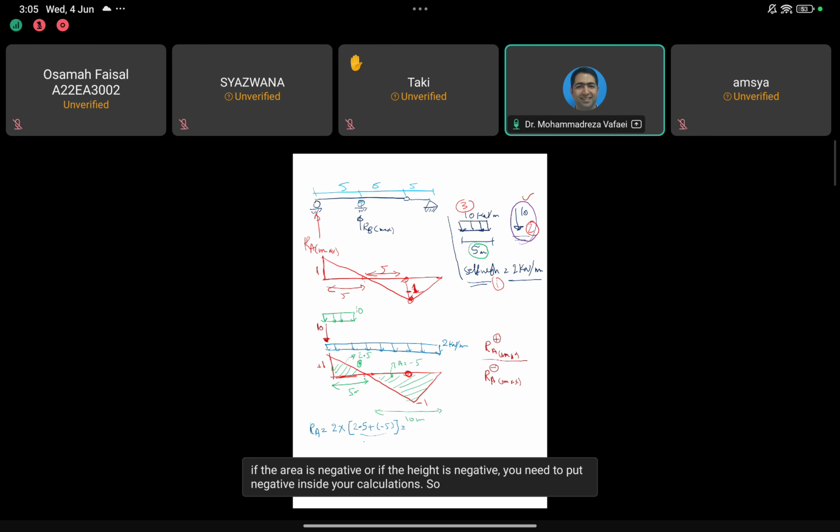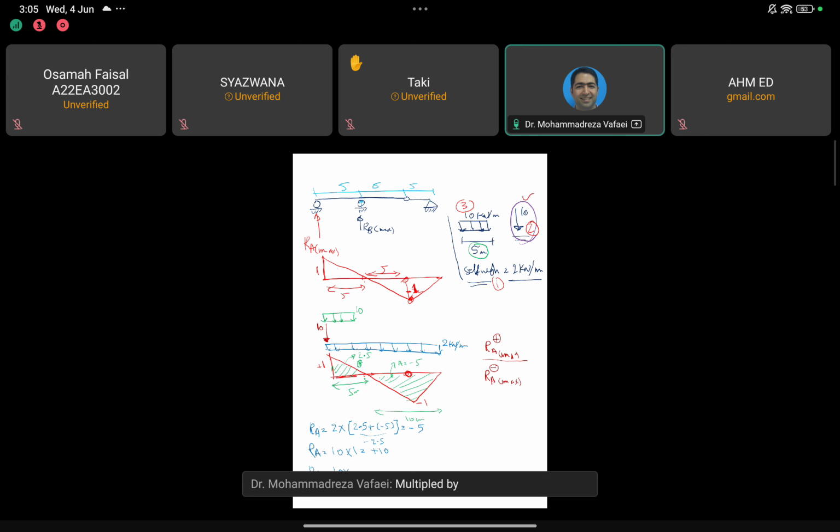So this is going to be negative 2.5 multiplied by 2, which becomes negative 5. This is due to the self-weight. Another RA is due to the point load, which is 10 multiplied by 1, so it becomes positive 10. And another RA is due to the uniform moving load, so we need to calculate it based on the area: 10 multiplied by 2.5, which is the area, becomes 25.